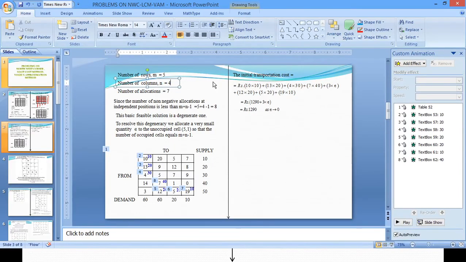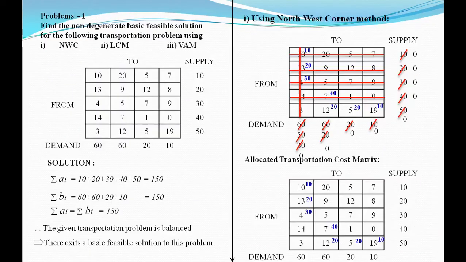How many allocations do we have? You just check it. 1, 2, 3, 4, 5, 6, 7. 7 allocations are there.